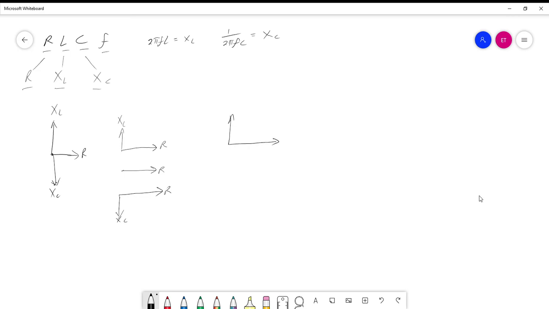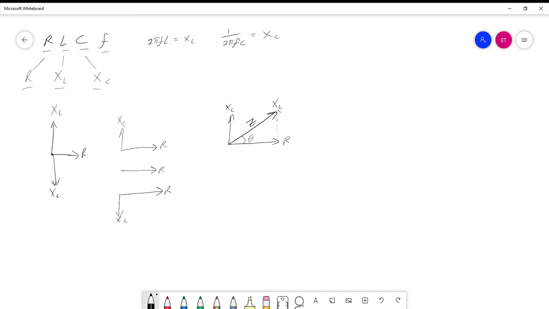It's sitting here. Let's say I have this and this. Well, let's translate this over. Okay. So there's my inductive reactance. And here is Z. That's the total impedance. Okay. And then this angle becomes important.